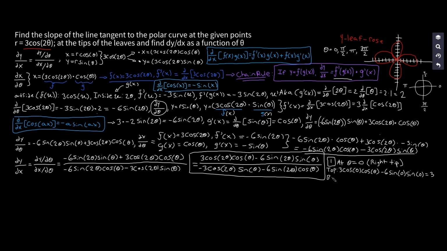What about at the bottom, the denominator? We're going to plug in negative 3 cosine of 0 times sine of 0 minus 6 sine of 0 times cosine of 0.